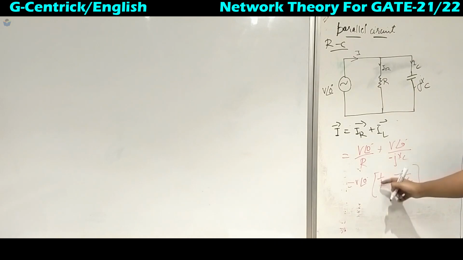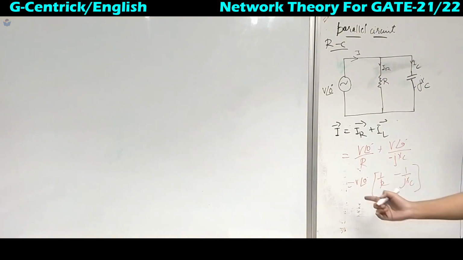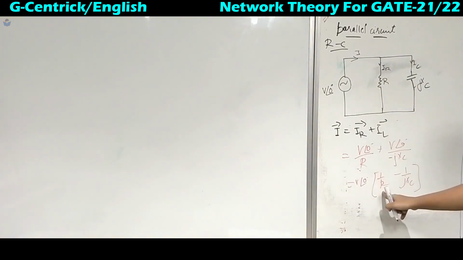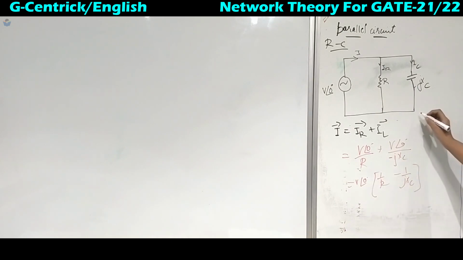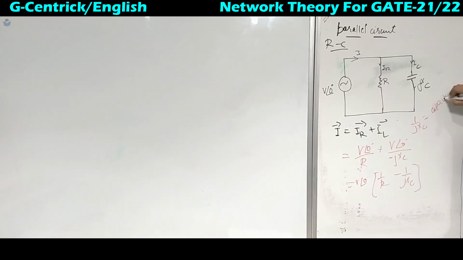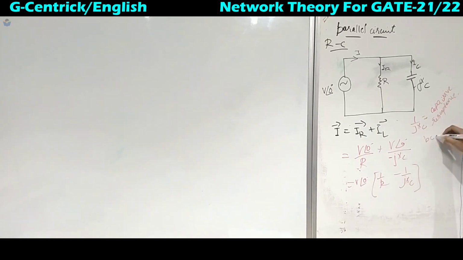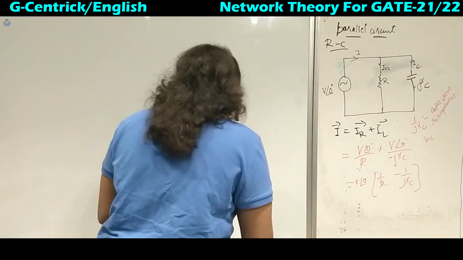So now I will take V of 0 degree common, 1 by R minus 1 upon JXC. Now again we know 1 by R is G, we have seen in the last RL circuit, so it is conductance. Now 1 by JXC, we will call it as capacitive susceptance. So we will represent it by BC. So I will write it across.